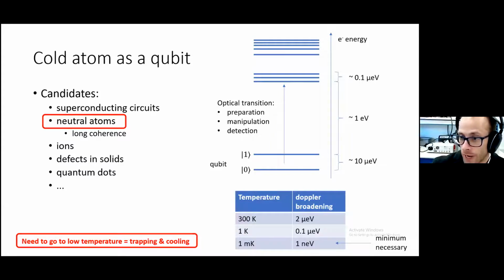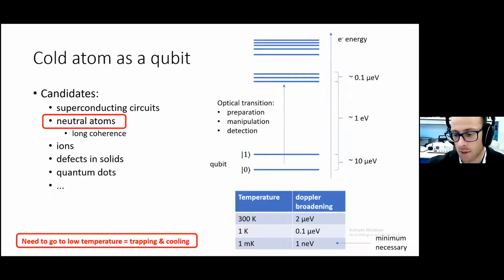So we need to cool down the atoms, and basically what we aim for is typically below 1 megahertz resolution, and that corresponds to around 1 nano eV, and that corresponds to a temperature of 1 millikelvin or even lower.